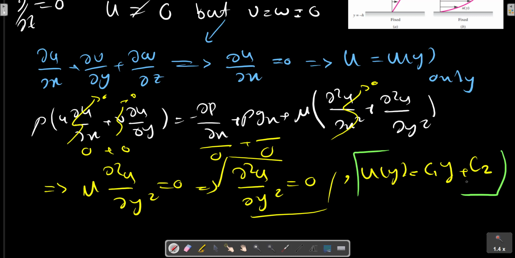The two constants are found by applying the no-slip condition at the upper and the lower plate. We have two boundary conditions.